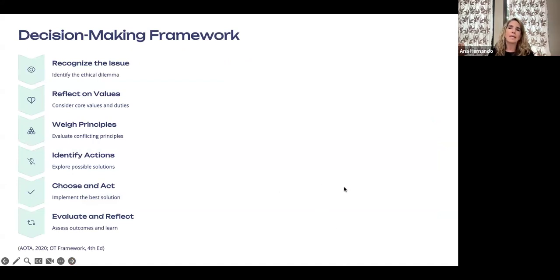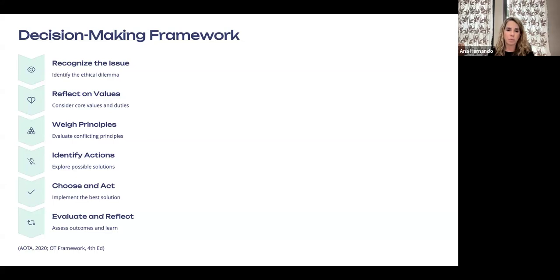Ethical decision-making is a process, not a reflex. So first, we need to recognize the issue, identify the ethical dilemma. Then we need to reflect on the values, consider the core values and the duties and responsibilities.